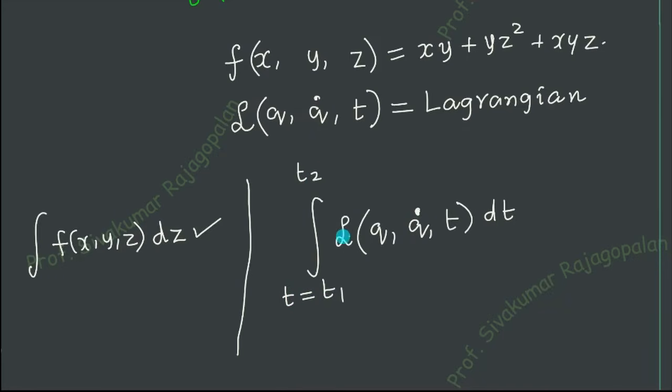Can you evaluate this? Yes, we can evaluate. What is wrong? If a function is given to you, you can evaluate. And whether you are going to simplify or not, that is a different story. If you simplify, we will call it by the name A. Even if you don't simplify, it's okay. Keep it in the form of integral. We will call that as the action. So now you understand that this is the action integral. That's all. So this action integral is what is getting minimized.